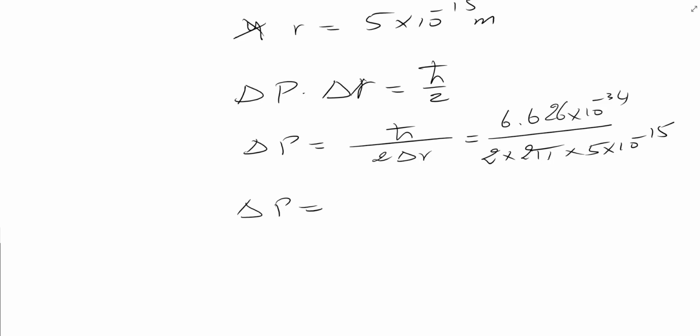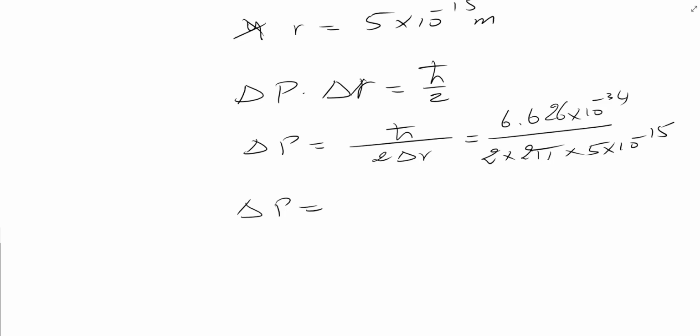6.626, I should really do an order of magnitude and let you guys do that, but sometimes it's interesting to find the numbers in here, because without them, 2 times pi times 5 times 10 to the negative 15, we may not proceed.